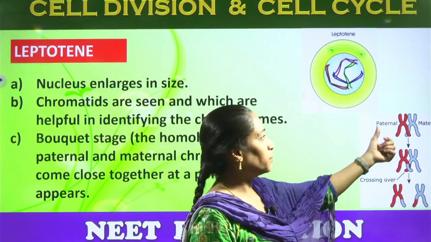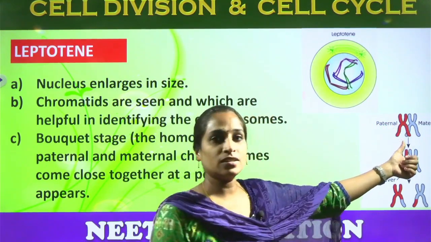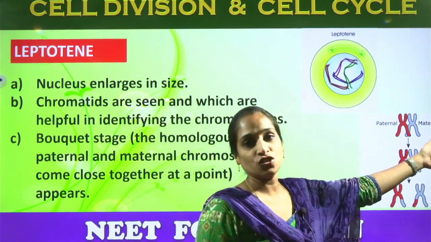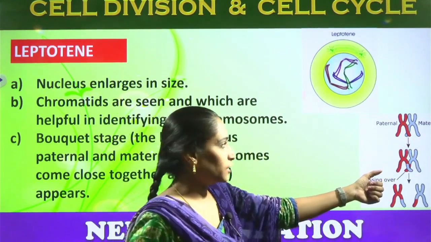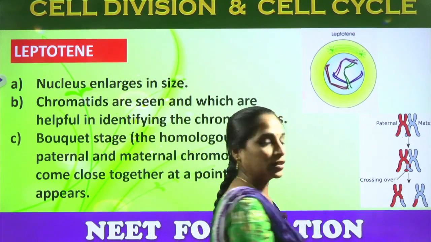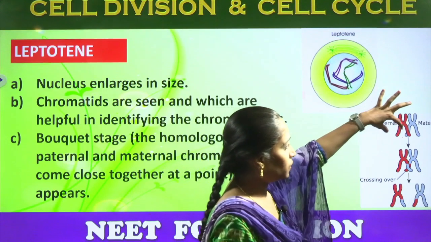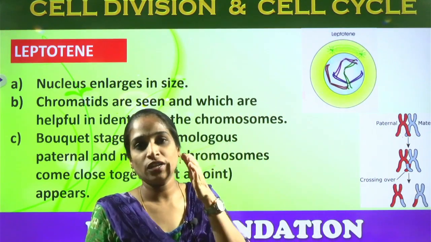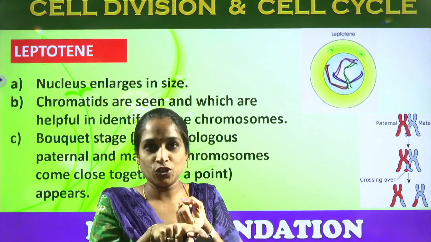See here, paternal means the genes getting from the father side and maternal means the genes getting from the mother side. So with these two, we can observe the crossing over, right? Wherever we observe the crossing over, we can immediately observe that those particular chromatids will be crossed.